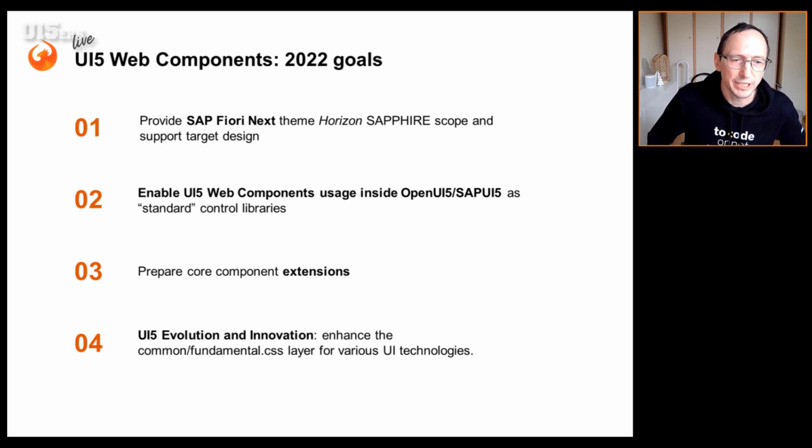The fourth topic is something you know: the enhanced or extended common CSS layer that we want for UI5 Classic and Fundamentals is also the very same one below the web components, so we have a consistent picture across the SAP portfolio with regard to theming.